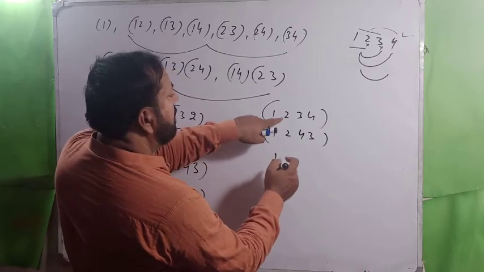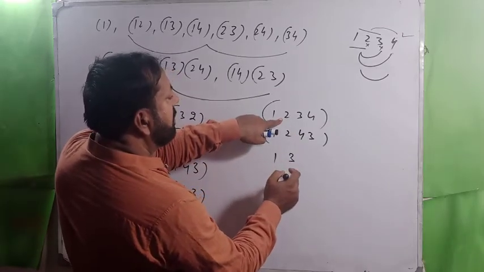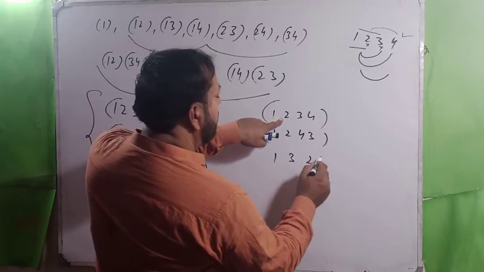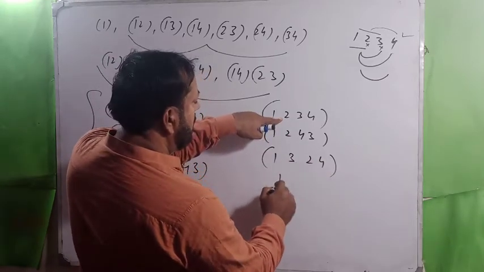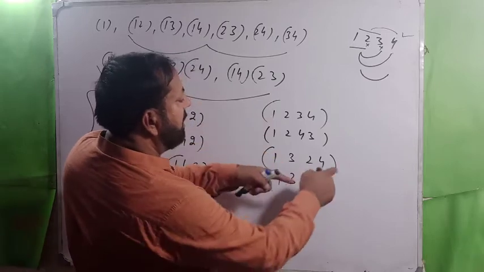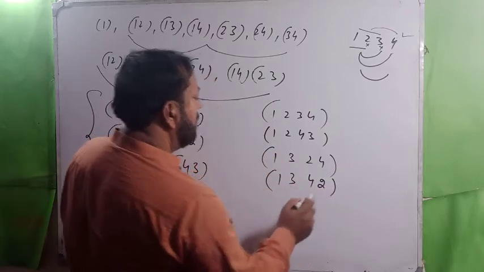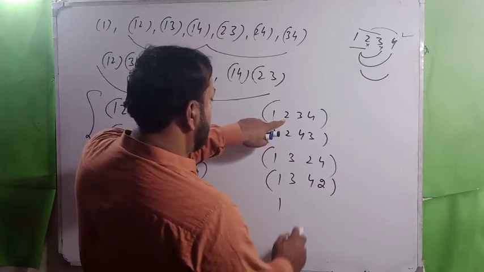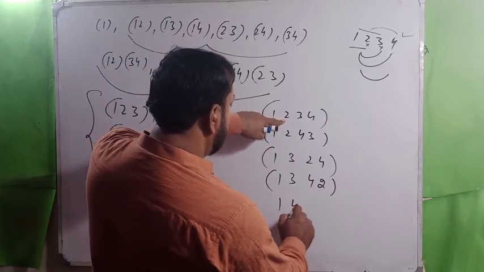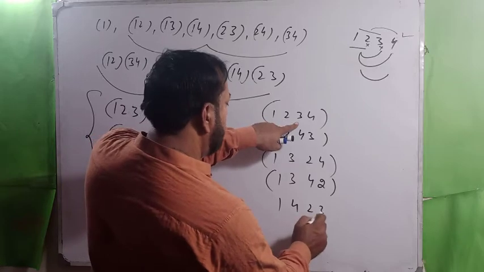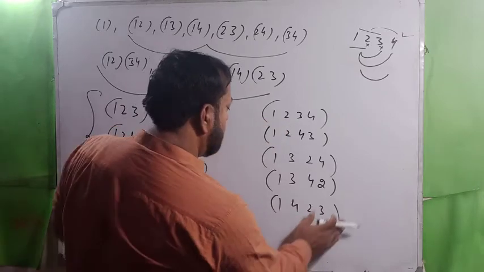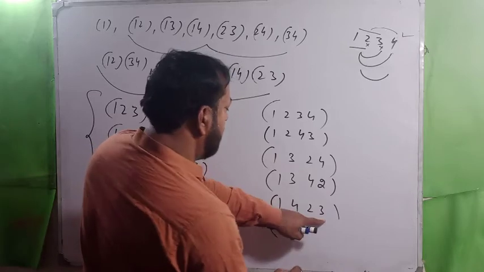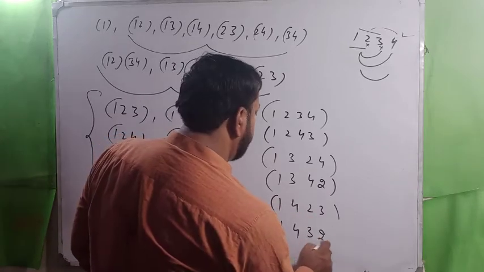Then instead of 2 write 3, you get (1 3 2 4), and so on, (1 3 4 2), (1 4 2 3), and lastly (1 4 3 2).